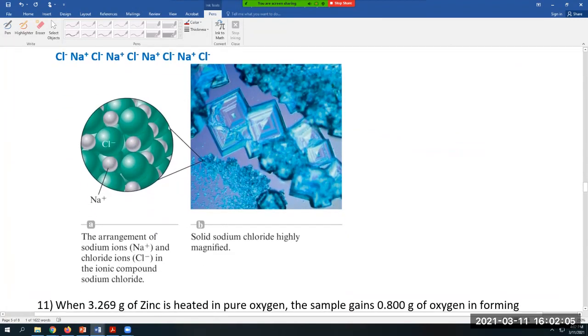So I have this picture showing the cubic crystals of sodium chloride. Sodium chloride really behaves like this. It's one chlorine surrounded by 8 sodium actually, and every sodium is surrounded by 8 chlorine.